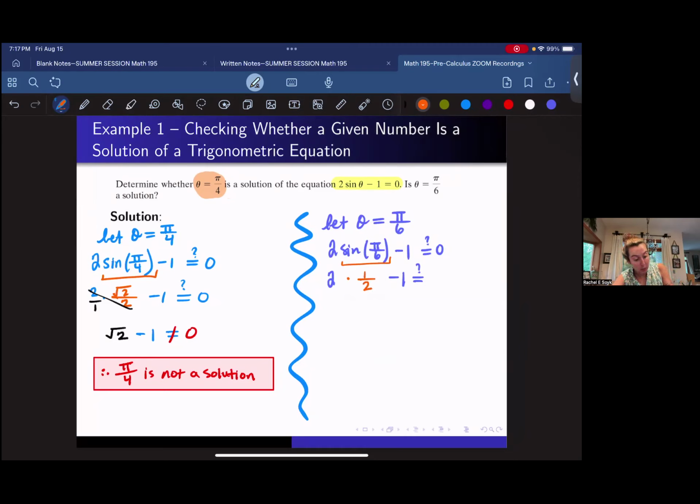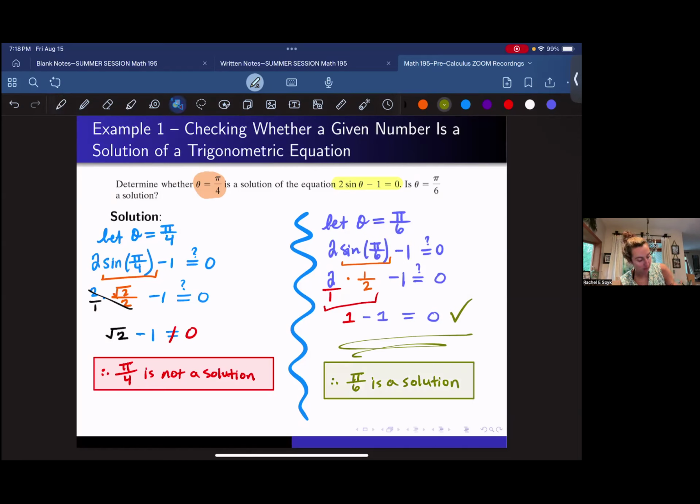So 2 times 1/2 is just 1. And so 1 minus 1, does that give you 0? It does, which means pi over 6 is indeed a solution. And we're done.